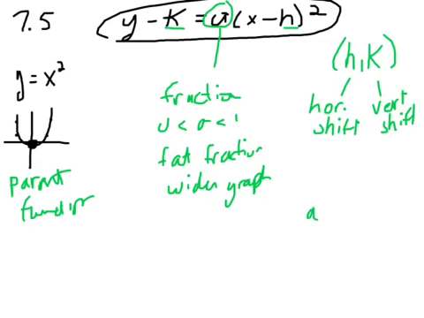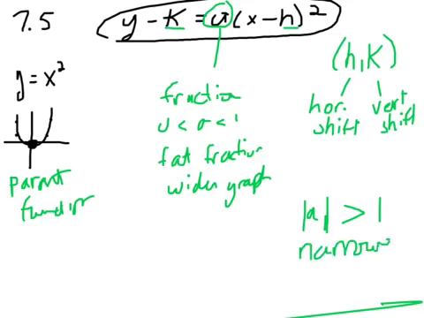If the absolute value of a is bigger than 1, and we don't care whether it's negative or positive, then it is a narrower graph. A big number basically makes a skinny graph.